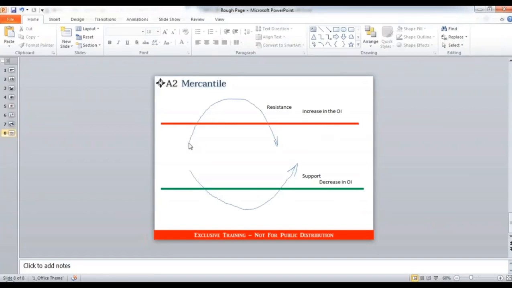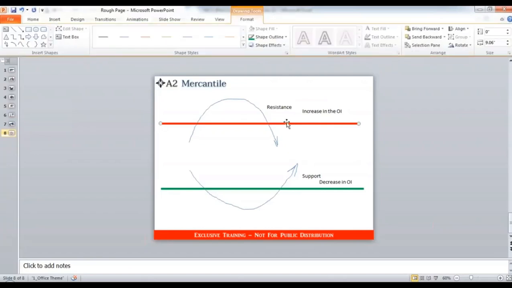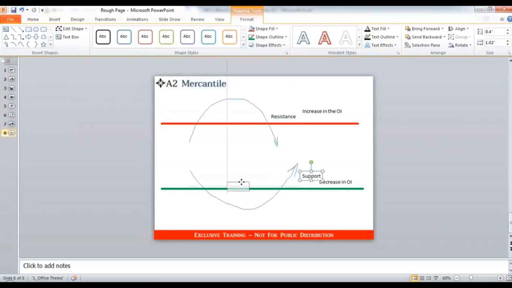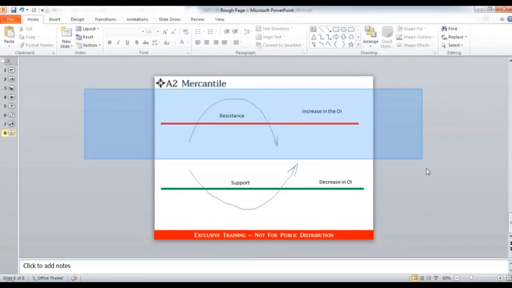The same way, if the price goes up and comes down on the next day, which means it breaks the high and returns back, and it is with an increase in open interest, you can consider this to be a strong resistance. Correct? Okay, so this level will become a support and this level will become a resistance. So this will first happen.